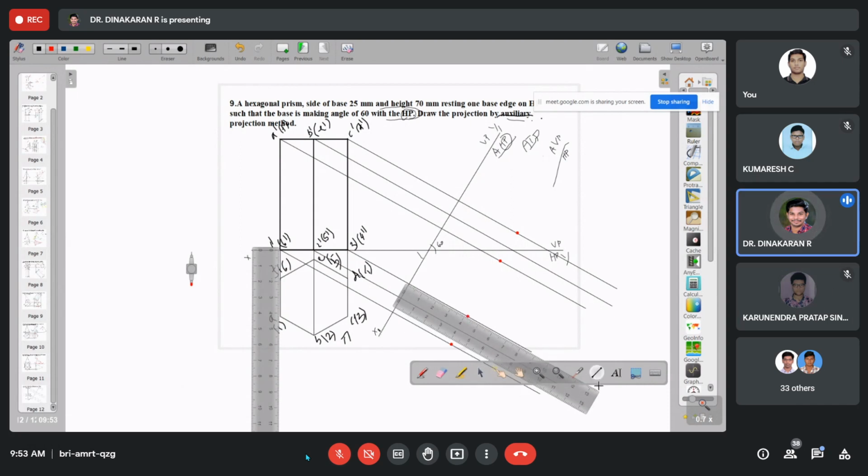Okay. Now tell me the values from the reference line to F and D. How much is there? 18 mm. So 18 mm. Good.